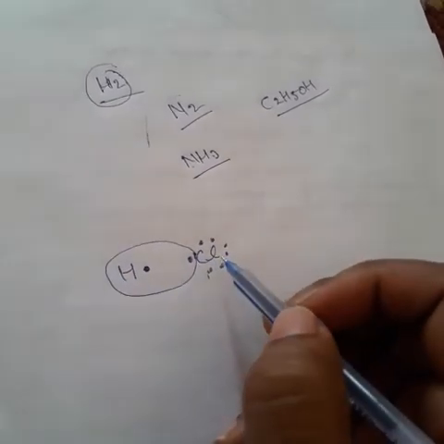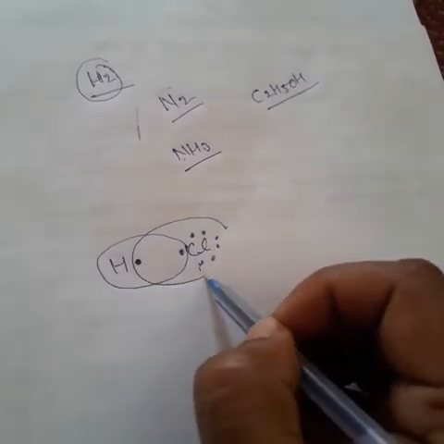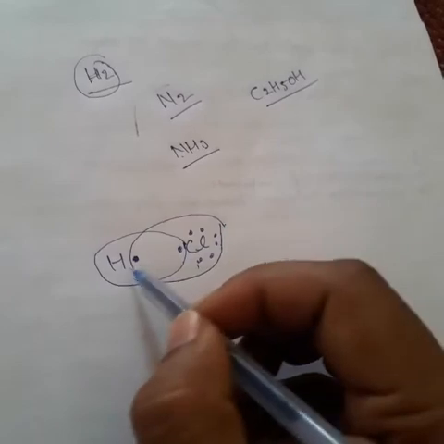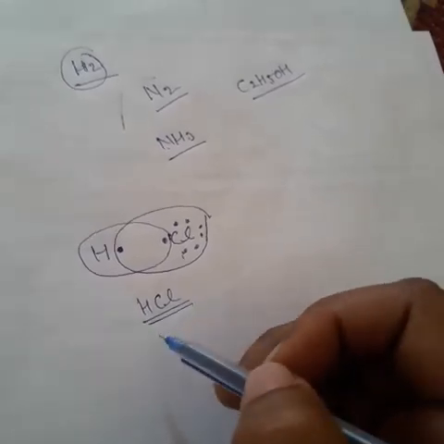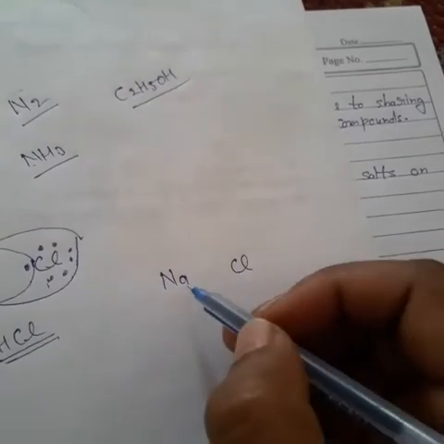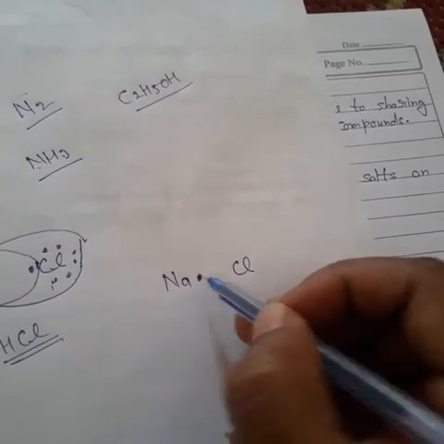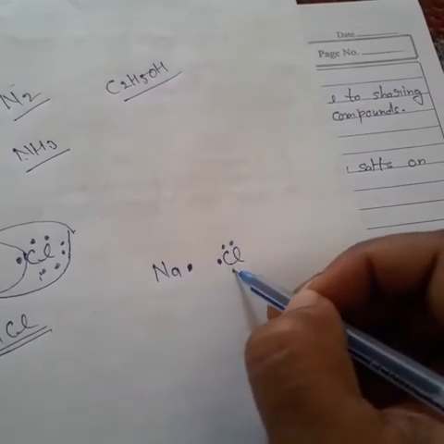If chlorine takes one electron of hydrogen, then its octet is completed. So they are sharing one electron, so they are called covalent compound.